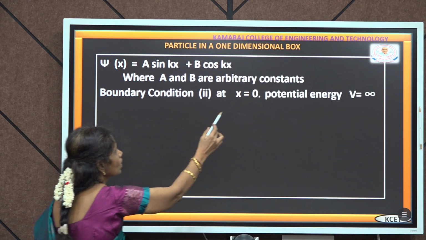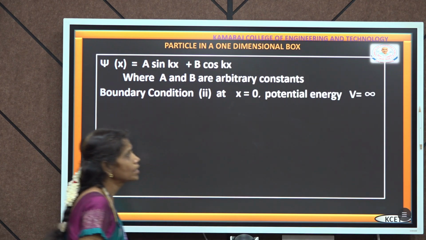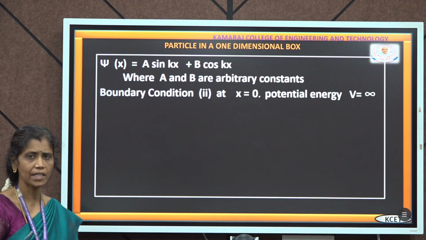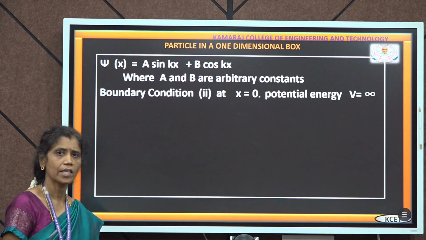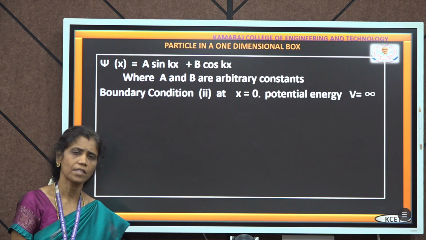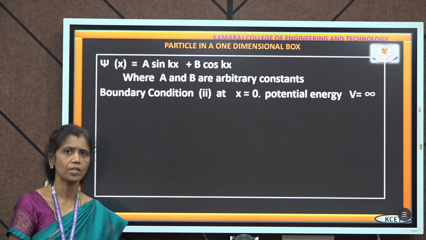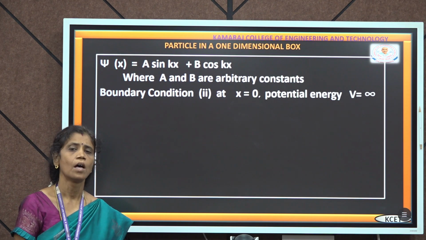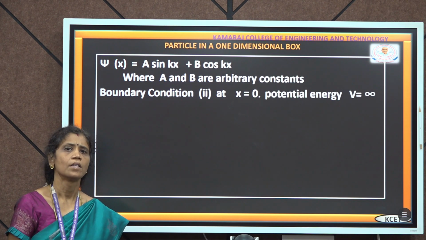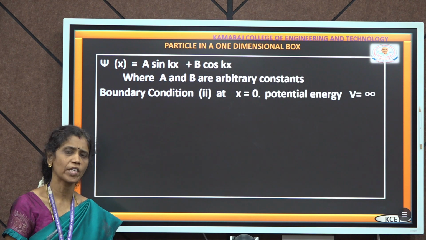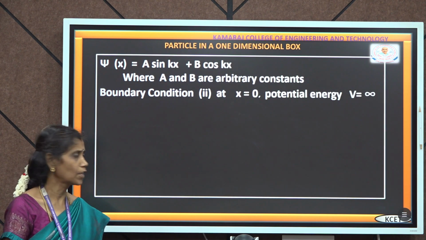at x is equal to 0, the potential energy is infinity. At the first boundary, x is equal to 0, the starting point of the one-dimensional box, the potential energy at the wall is infinity.